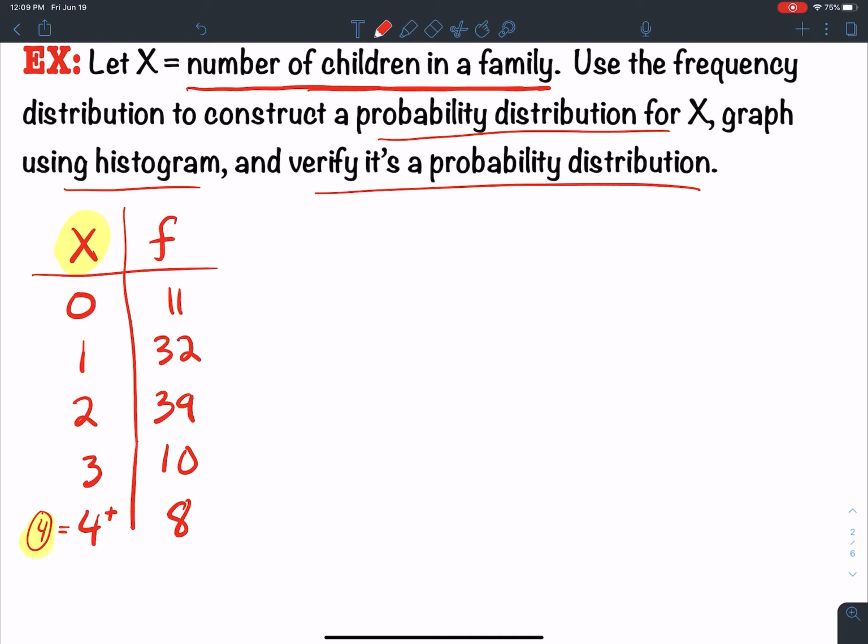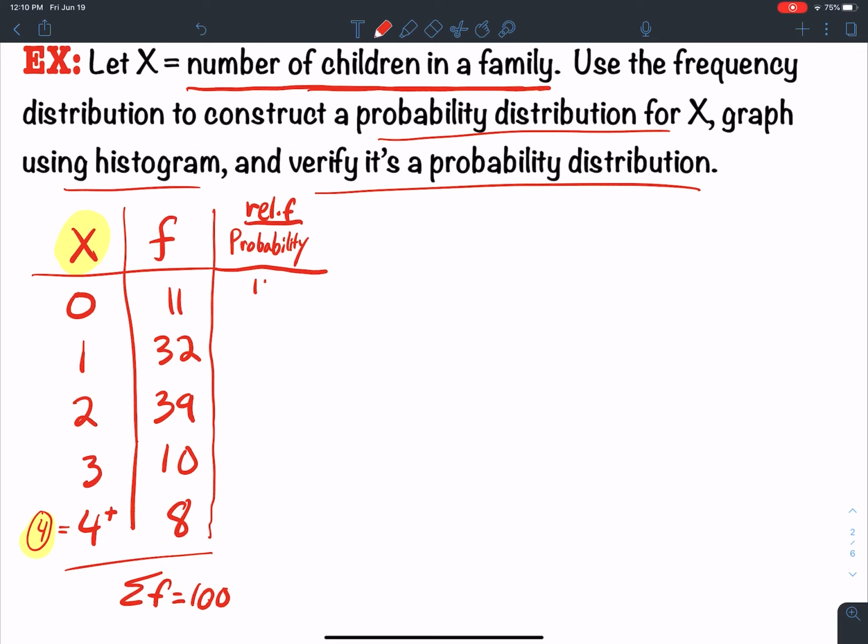So the first thing I want to do when I see this is figure out how many people I went out and surveyed. So I'm going to sum up all the frequencies, and if I add all these up, I get 100, which is very helpful because whenever I go to calculate the probability, it is just the relative frequency, since it's equally likely.